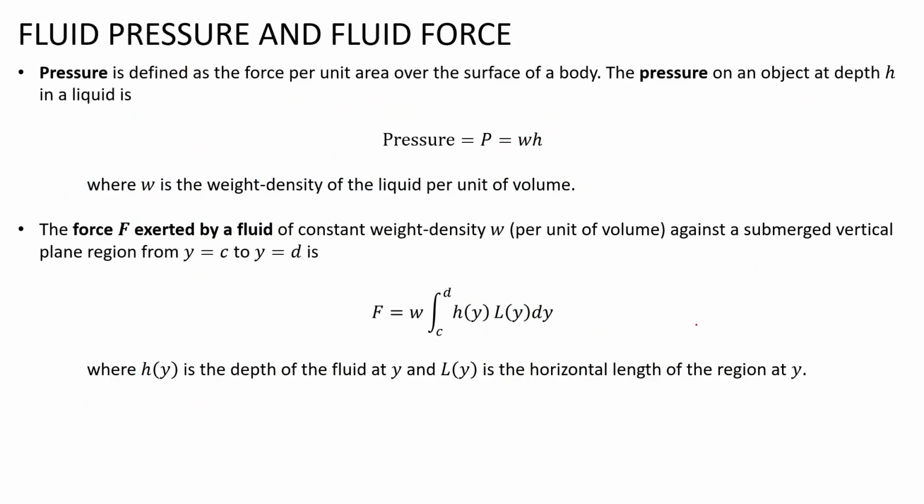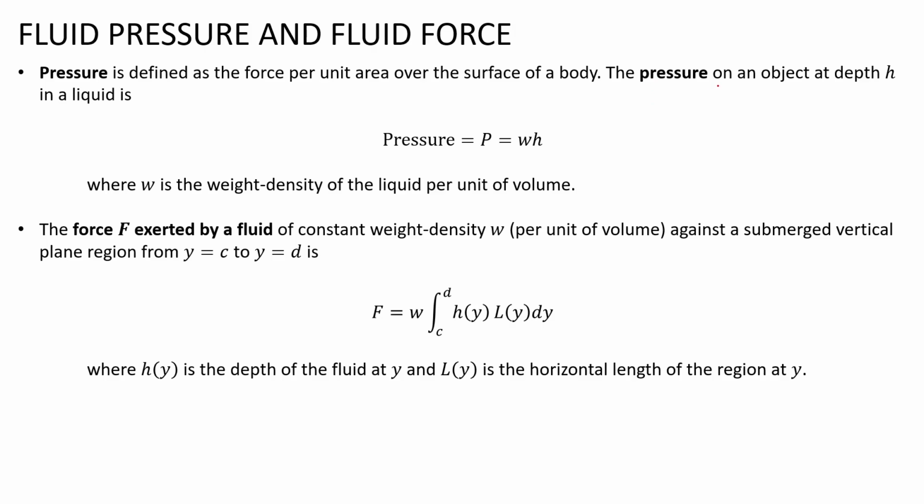Alright, so let's proceed now to the fluid pressure and fluid force. So I'm going to try to discuss this one as easy as possible. So pressure is defined as the force per unit area over a surface body.